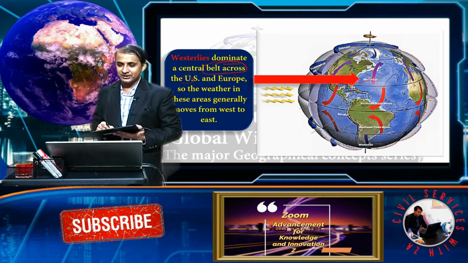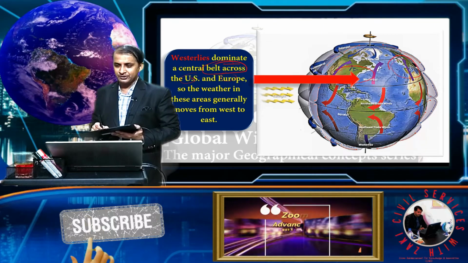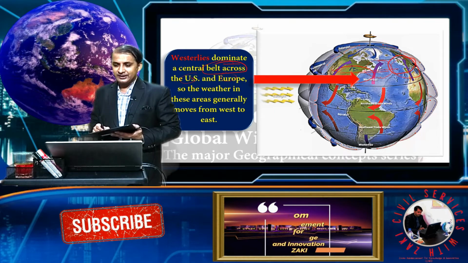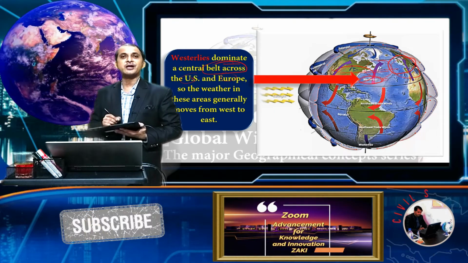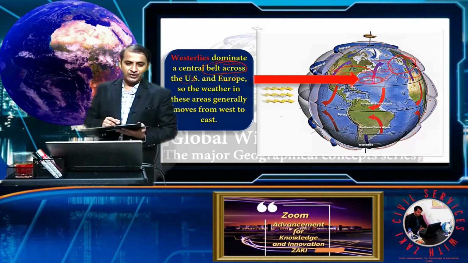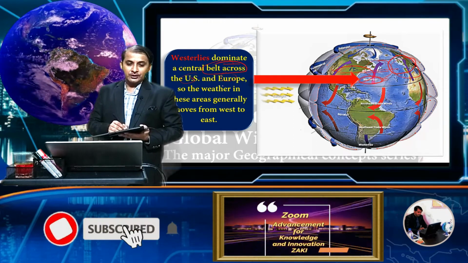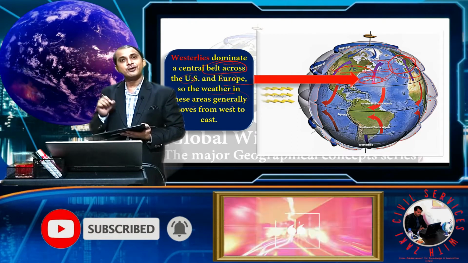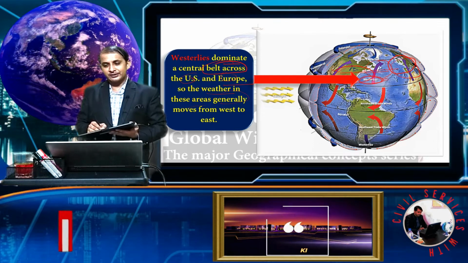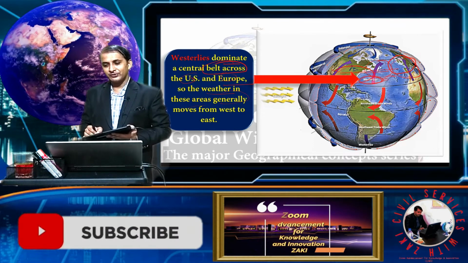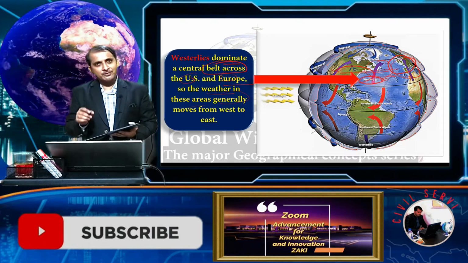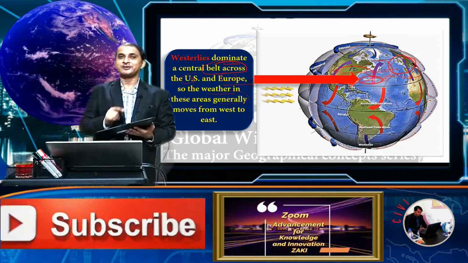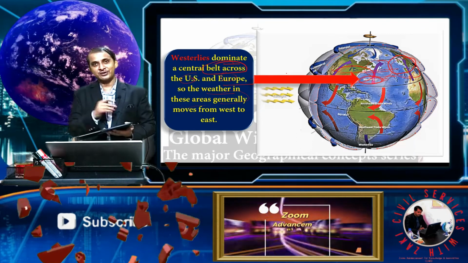These areas are dominated by westerly winds. In Europe, weather generally moves from west to east, and it also impacts the Indian subcontinent through the western disturbance, as you may have heard.